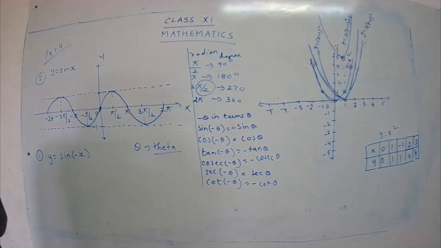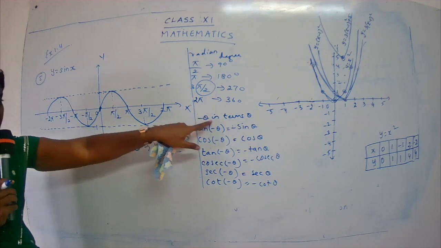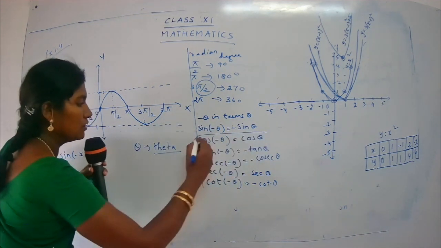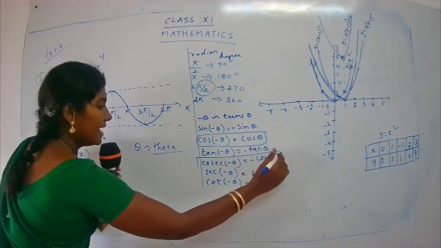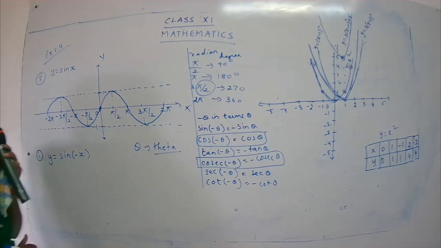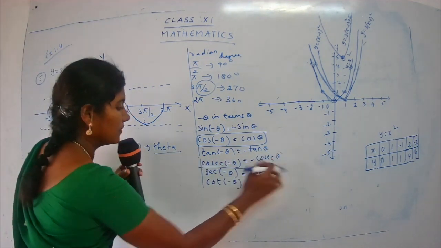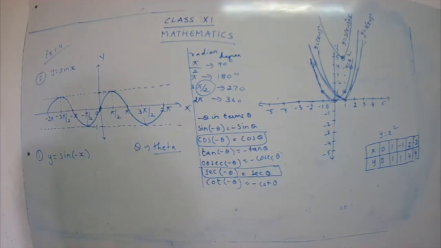I hope you are clear with this. So whenever you are converting minus theta in terms of theta, just change these 2. Cos of minus theta is cos theta, and sec of minus theta is equal to sec theta.